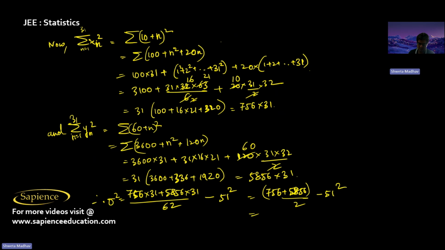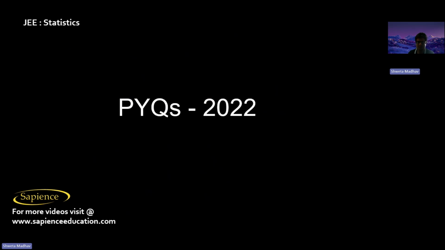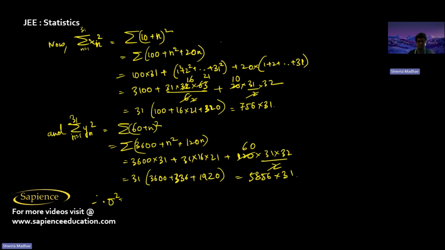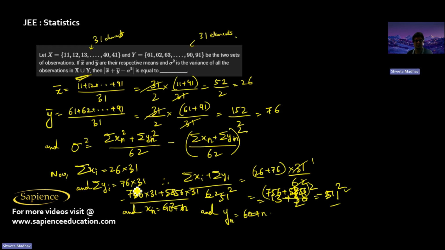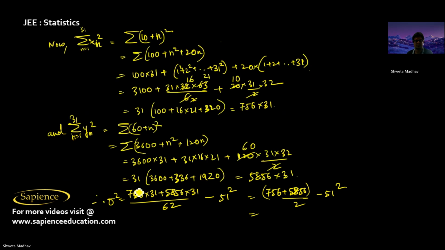Adding 5856 and 756 and halving gives 3306, minus 51 square, that is 2601.